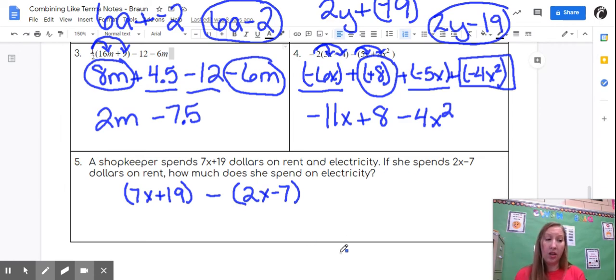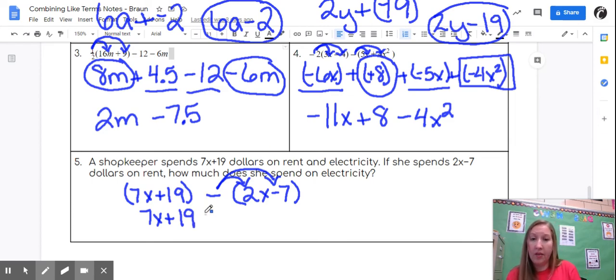So I'm going to take a look here. I do have this minus, which we said represents -1. So I'm going to distribute that to what's in my parentheses before I start combining. So over here, I don't have any distributive property, so I can just bring this down as 7x plus 19. And then I am going to have plus -1 times 2x is -2x.